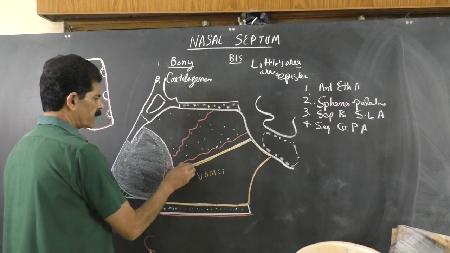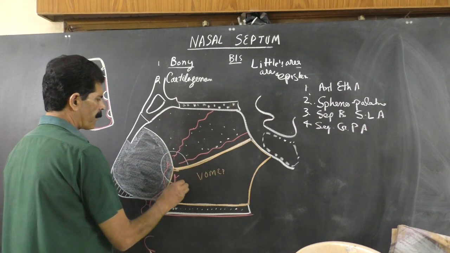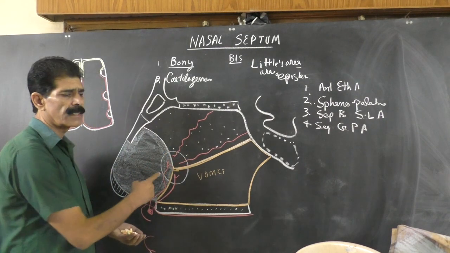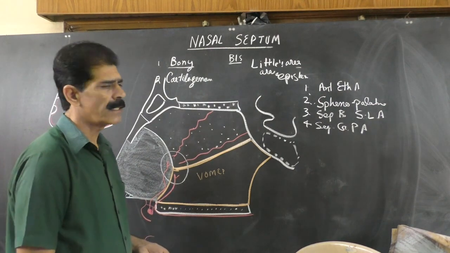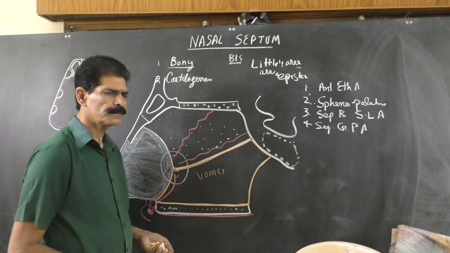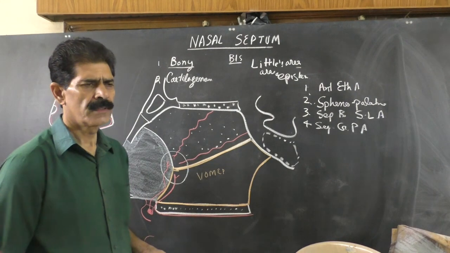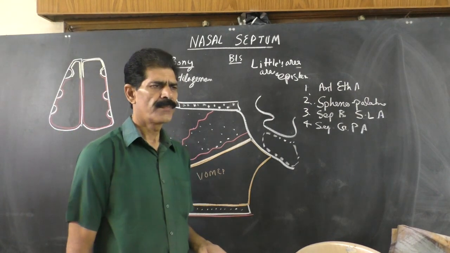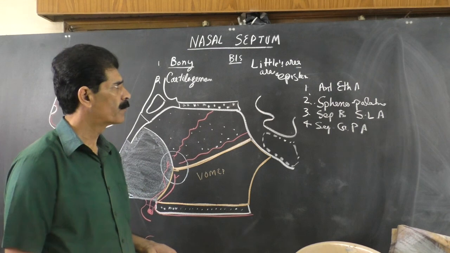So four arteries form an anastomosis on the nasal septum. So this is called Little's area, or the area of epistaxis. It is a very clinically important structure in the nasal septum.